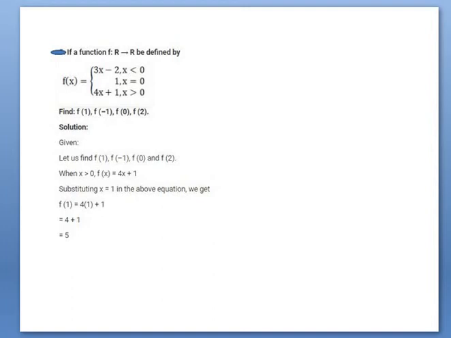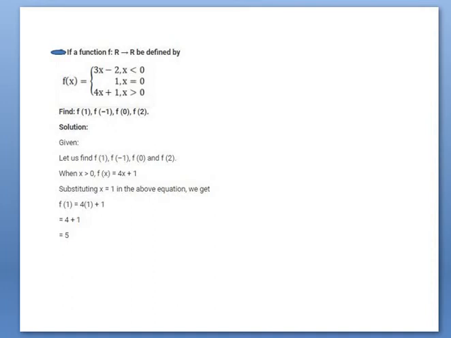And second one is, if x equals 0, you will get the value of f of x as 1. And if you choose the value of x greater than 0, that means a positive number, then the value of f of x will be 4x plus 1. Now based on this definition, you have to find the value of f of 1, f of minus 1, f of 0 and f of 2. So let's see how to solve this type of questions.